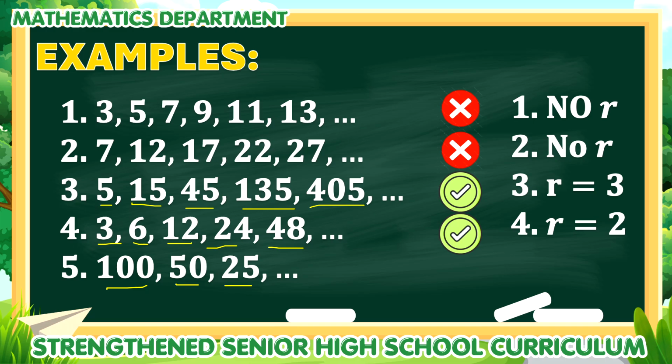So it's just like multiplying the previous term by 1/2 in order to determine our next term. Since we are again multiplying by the same number, this is also an example of a geometric sequence, and the value of r here is equal to 1/2.